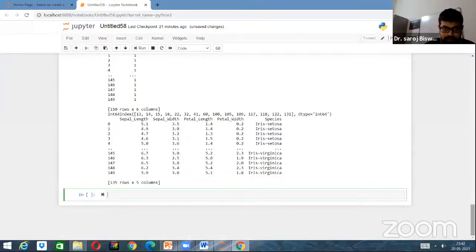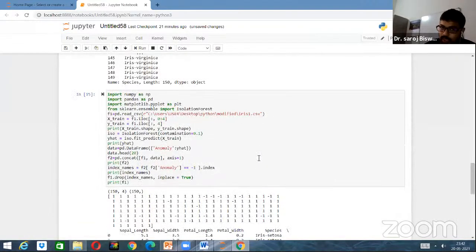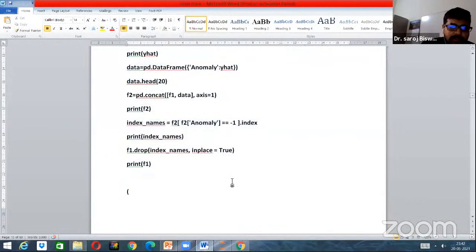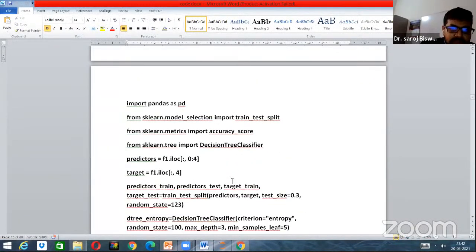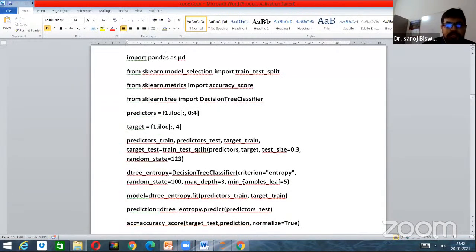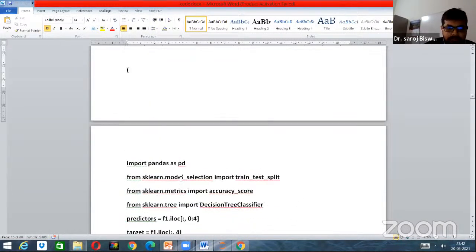We already know the accuracy without outlier detection on the iris database; we have seen it is around 95 point something. With the same training, same split, we are doing it now after outlier removal. What is the output we are going to see now?